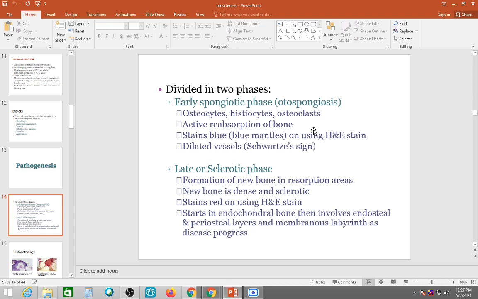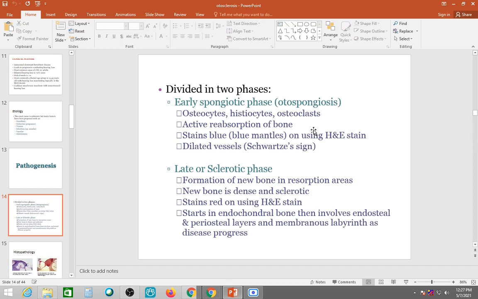The early phase is called otospongiosis, and the later or the sclerotic phase is the second phase. There is formation of new bone in the resorption area. The new bone is dense and sclerotic.